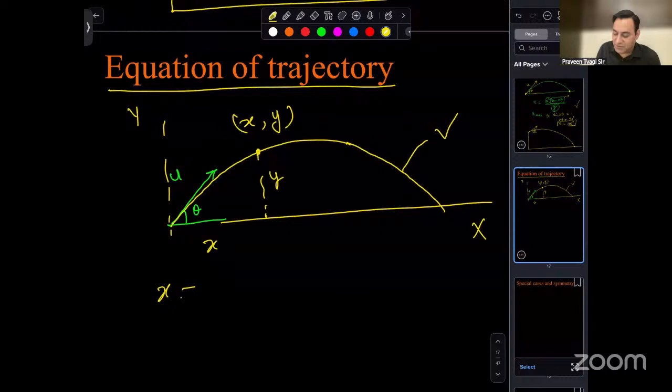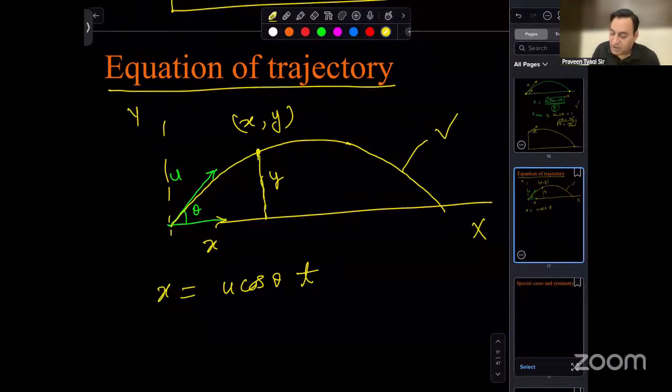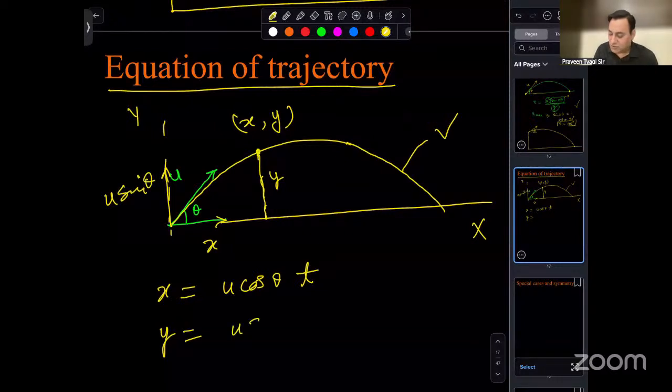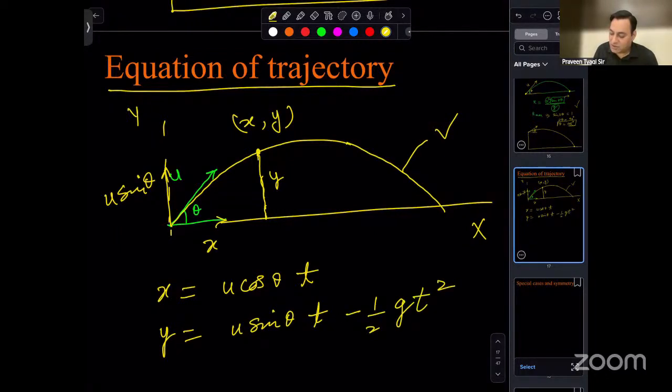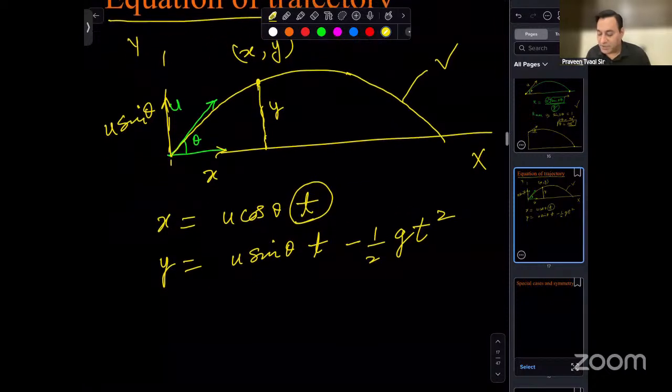I can say x will be equal to horizontal component of the velocity, which is how much? u cos theta, into time. What will be the y component? Vertical displacement. s is equal to, what is the initial vertical velocity? u sine theta. s is equal to ut, upward positive, minus half gt square. Now, if you just calculate time from here and substitute it here, you'll get an equation in y and x, and that will be the equation of the trajectory.